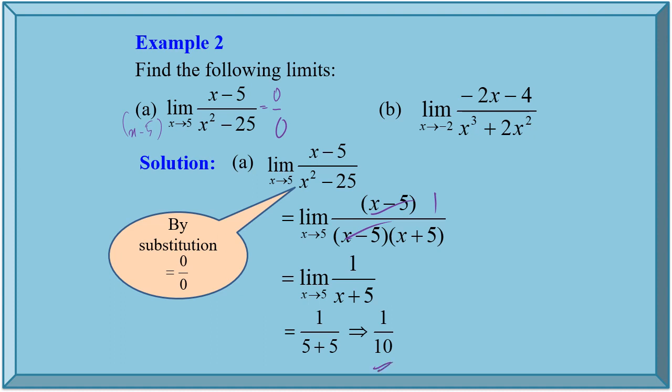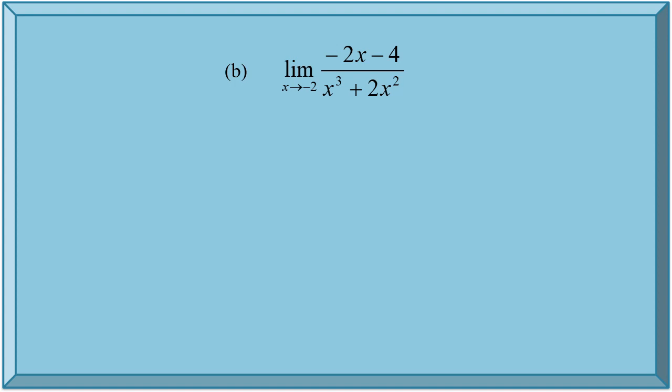How about question B? We have negative 2x minus 4 over x cubed plus 2x squared. We know both have a factor of x plus 2.